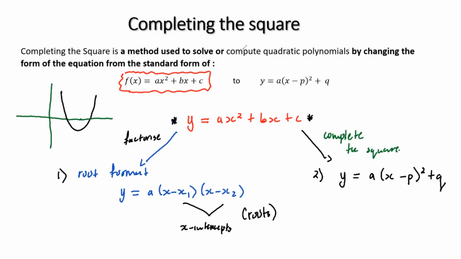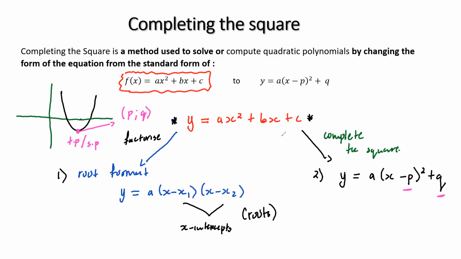This will be a quadratic graph. And then this particular point here is a turning point, or if you want, you can call it a stationary point. The x coordinate of the turning point is P. The y coordinate is Q, which we find in the second bond chart.